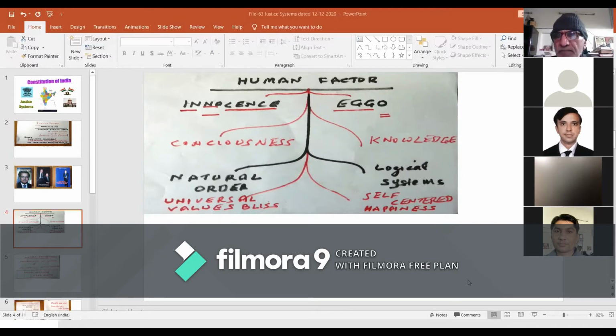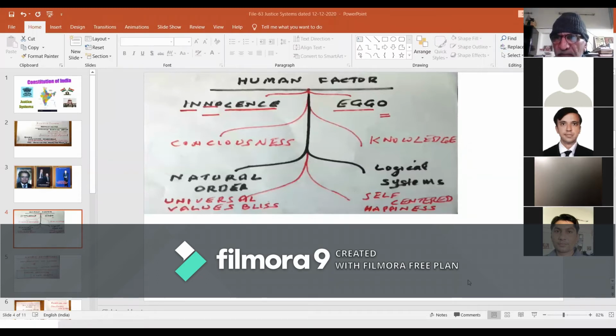Now, in this background, when we have to evaluate the role of the human factor in the discharge of duties by individuals as institutionalized functionaries of the judicial apparatus, the judicial system, then naturally we have to revisit all these values and reach a realistic definition of the human factor.